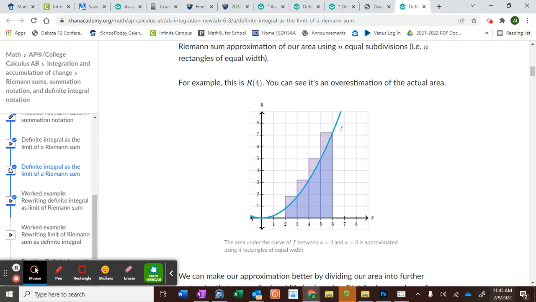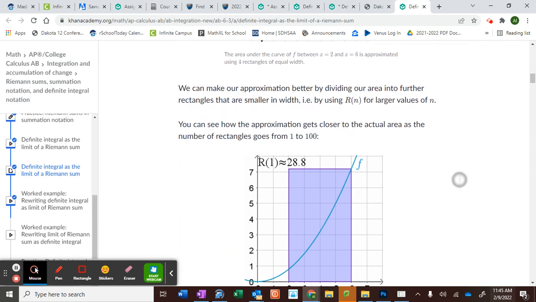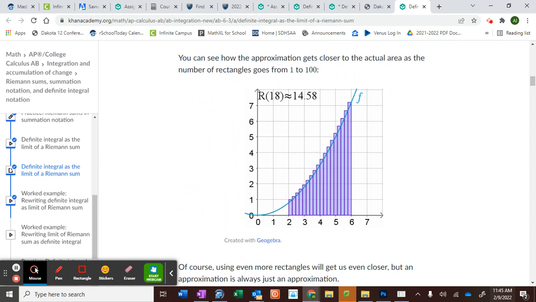Okay, what does that look like? So we start with rectangles. Okay, see how we have rectangles? And now we take this, make the rectangles so small that it's just smooth in there. See how that works? Okay, so that's doing an integral.